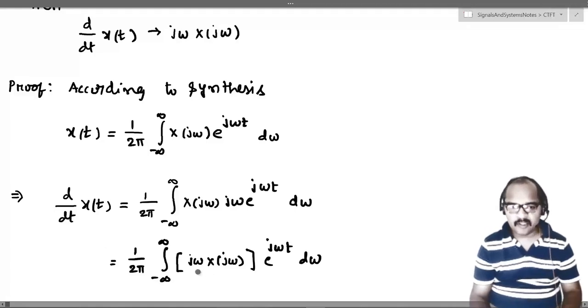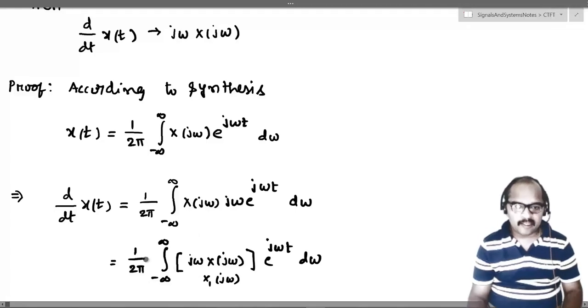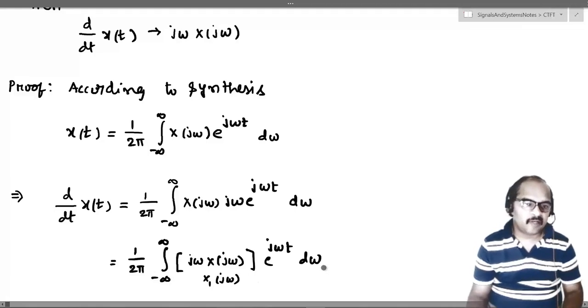But if you look at this a little bit carefully, how is this looking? j omega into x of j omega, we can write as some x1 of j omega because it is some function of omega. So this whole integral is 1 by 2 pi integral minus infinity to infinity x1 of j omega multiplied with e power j omega t d omega. Means what? This is the inverse Fourier transform of which signal? X1 of j omega, and that is equal to the derivative of x of t.